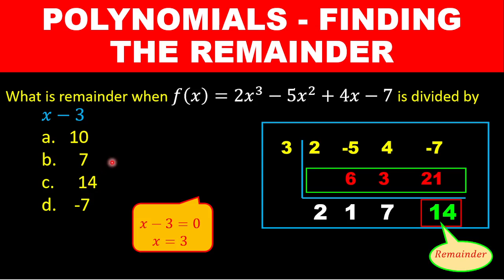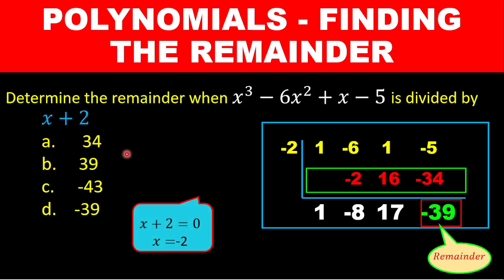Now let's move on to question number 2, and then the same concept. So for question number 2, determine the remainder when x cubed minus 6x squared plus x minus 5 is divided by x plus 2. So if x plus 2 is going to divide this function, that means the x plus 2 is a factor of the function.